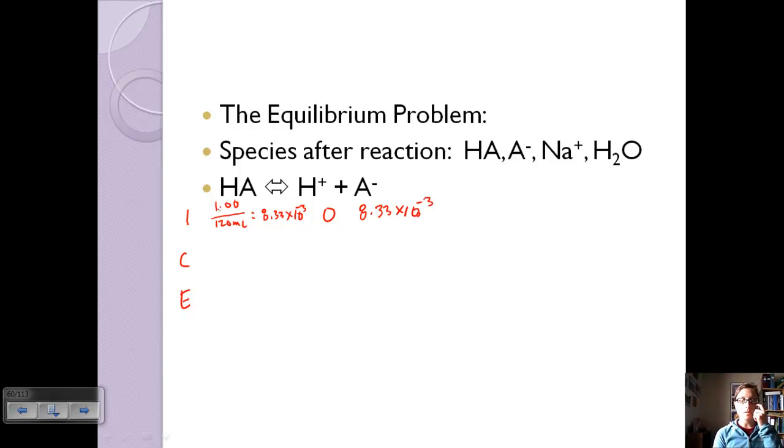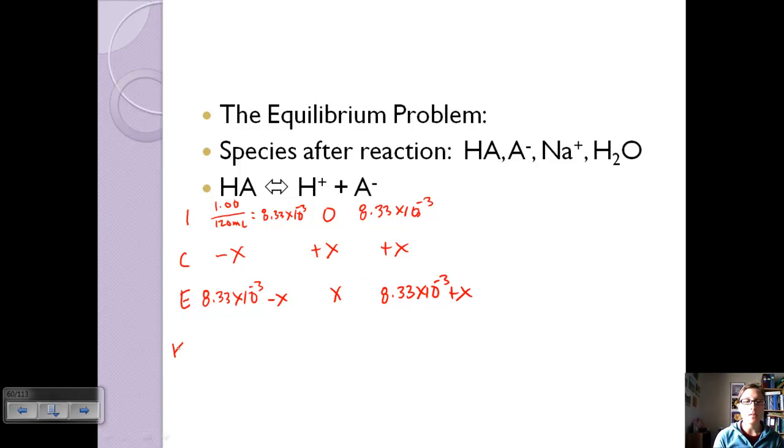So remember these values, the 1 millimole coming from the stoichiometry part of the problem. So we have minus x, plus x, plus x, and so we have 8.33 times 10 to the negative third minus x, x, and 8.33 times 10 to the negative third plus x.